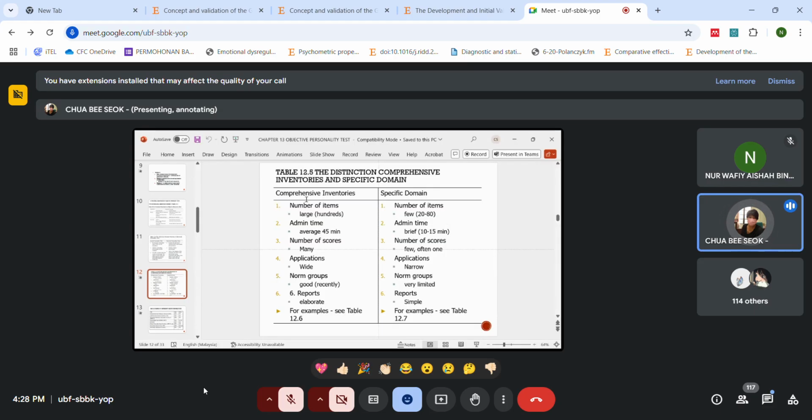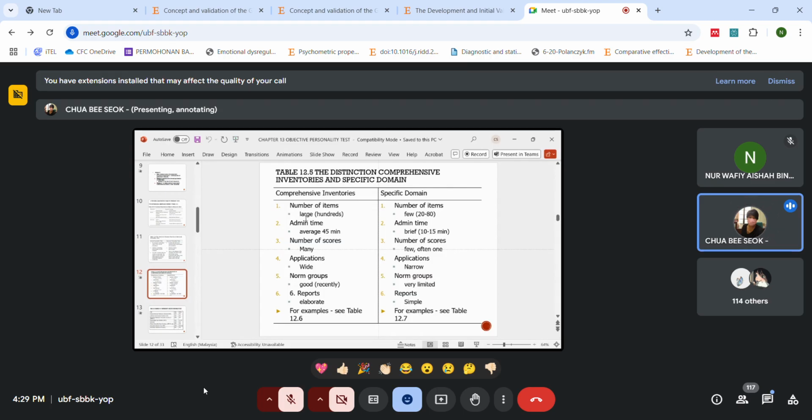For administration time, because comprehensive tests have a lot of items, you have to take more time to administer. The average time is about 45 minutes. For specific tests it is around 10 to 15 minutes only, to get the response from the respondent.